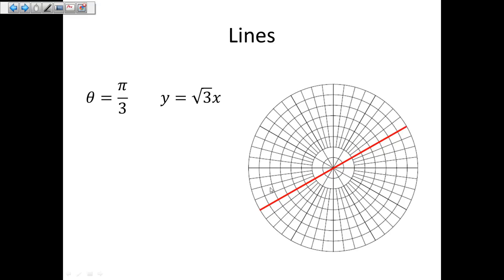So if I were to draw that on my polar coordinate plane, I'd start at the origin and I would go up the square root of 3 over 1. How about even better? I just draw a line that goes through on the line pi over 3. That's 60 degrees. Oops, actually that's wrong. It should be up here. Oh well.